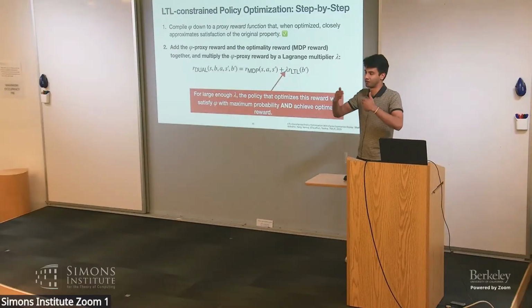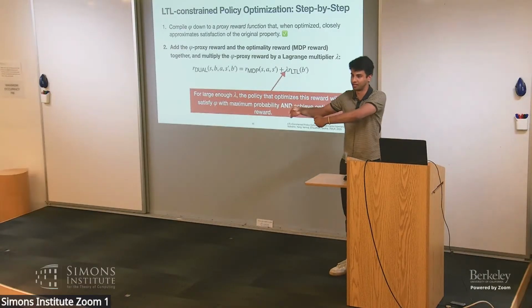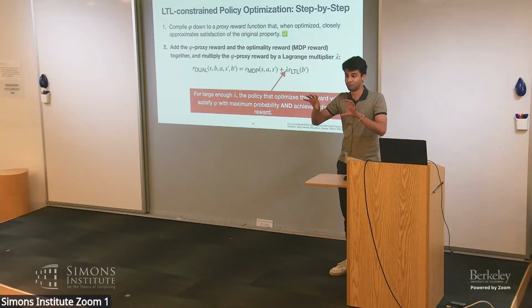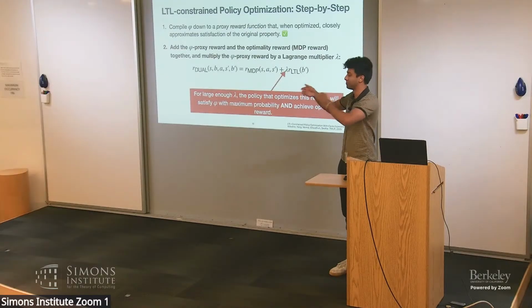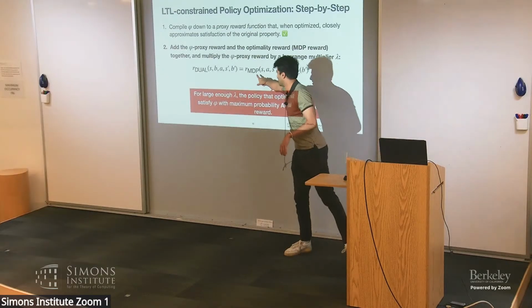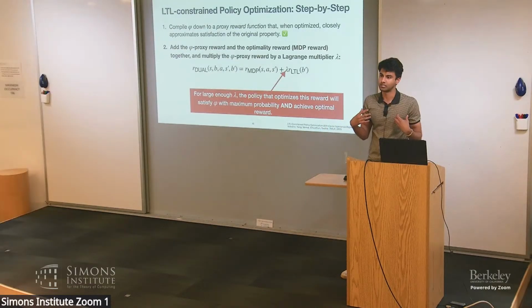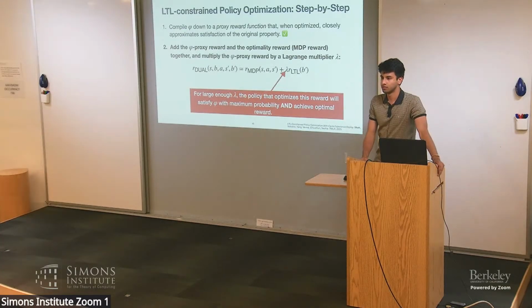The issue if I was doing one thing first and then another thing later is that if I don't have both things in my reward formulation at the same time, I could go from a policy that's correct to a policy that's incorrect because I'm suddenly only caring about optimality and I no longer care about correctness. So you do need to have both terms in your reward formulation at all times when you're training. Yeah.